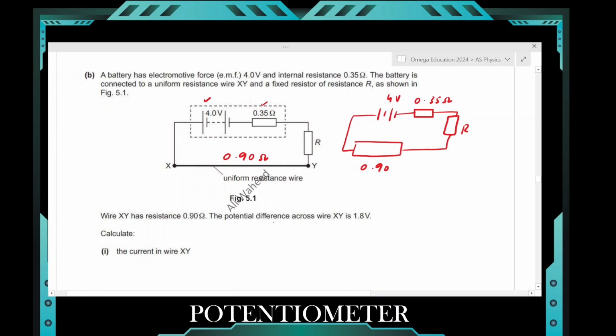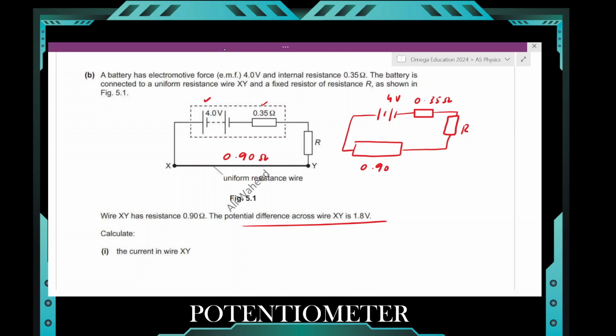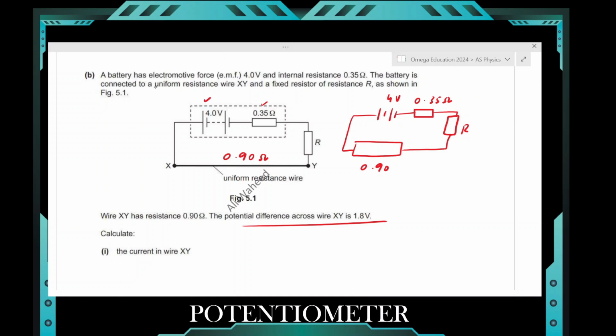And you know that the potential difference across the wire is 1.8. So the voltage across the wire is 1.8, and you can easily find the current. Voltage is 1.8 volts across the wire only, because out of these 4 volts, some of the voltage would be dropped over here, some would be dropped over here, and the rest of the voltage would be across the wire, which is 1.8 volts.